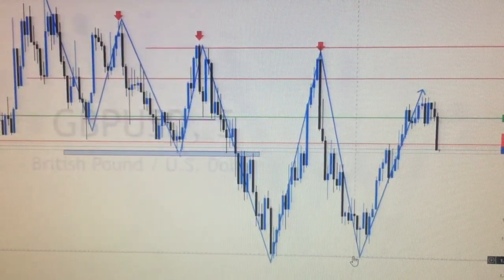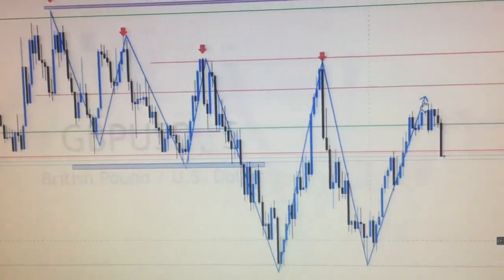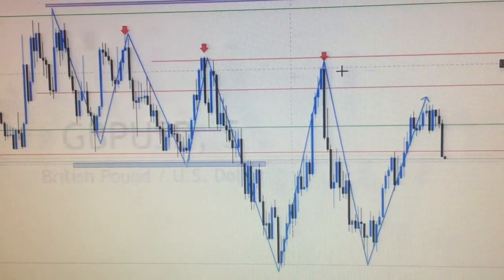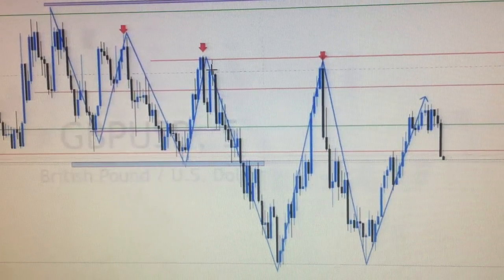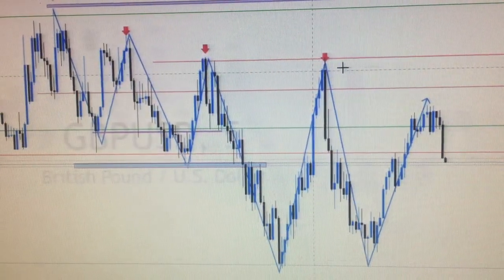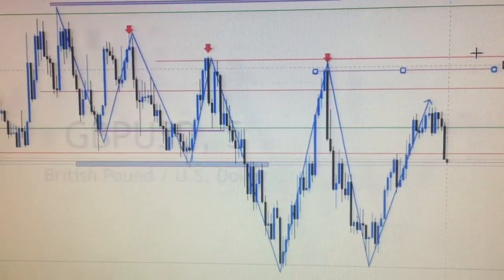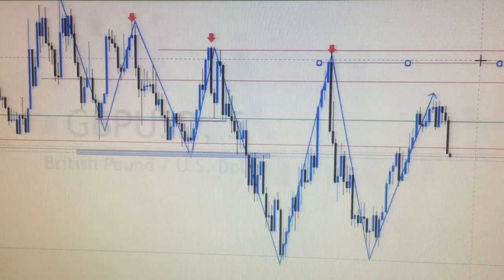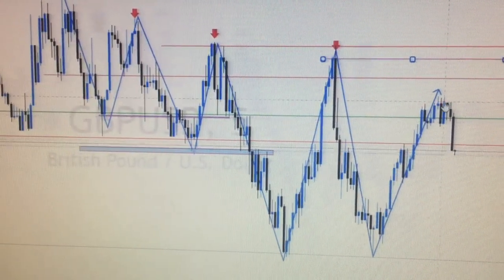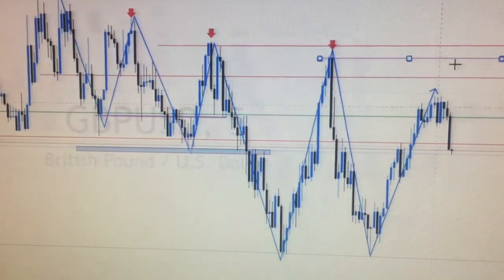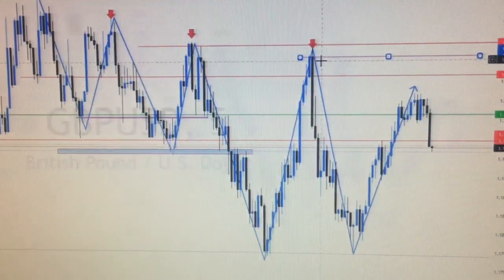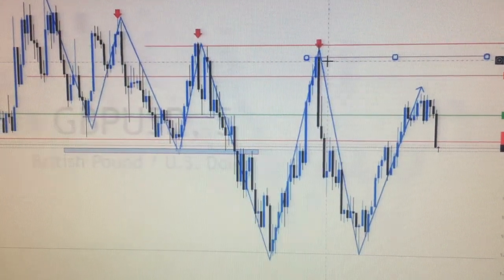So what will determine if this W pattern is going to be a buy is this market coming to break above this point. If we get to break above this point, this is the previous high, lower high, and a candle closes above, it means that now we are changing from a sell trend to a buy trend. But if it's not going to close up, you're still on a sell trend.